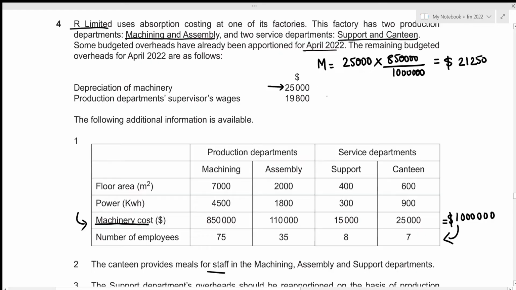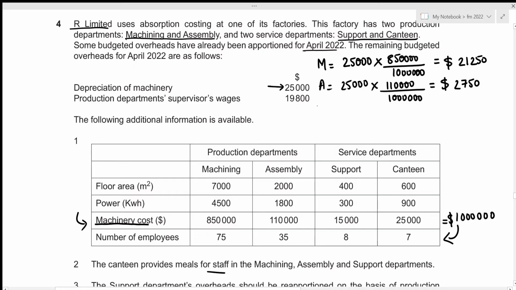Let's repeat the same process for assembly department. The total is 25,000, and out of 1 million machinery cost, 110,000 belongs to assembly. So that's 110,000 divided by 1 million, which gives the depreciation of machinery to be apportioned in the assembly department to have the value of 25,000 times 110,000 divided by 1 million, which gives the value of 2,750.